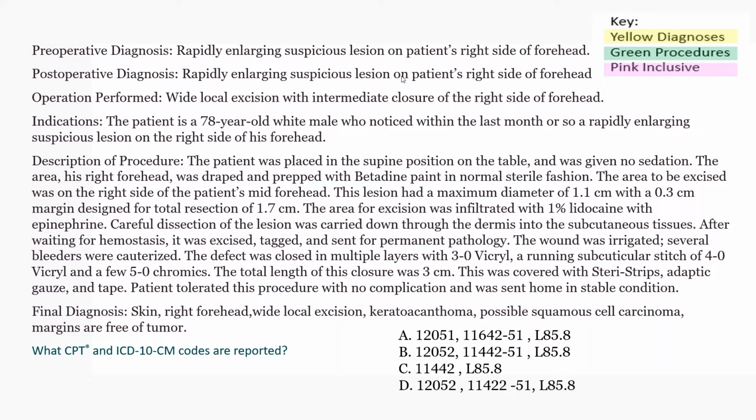And answer D, 12052, 11422, modifier 58, L85.8. Preoperative diagnosis: rapidly enlarging suspicious lesion on patient's right side of forehead. Postoperative diagnosis: rapidly enlarging suspicious lesion on patient's right side of forehead.